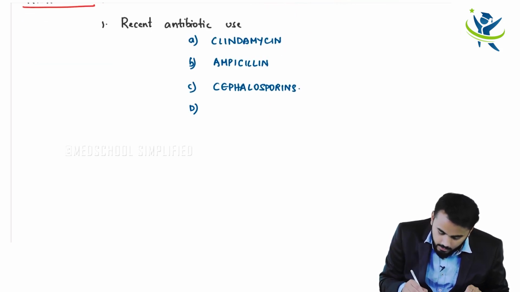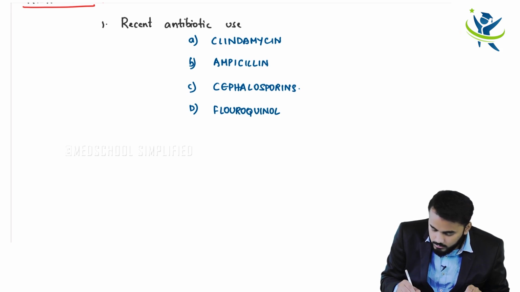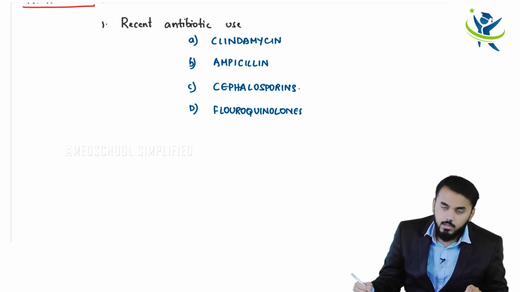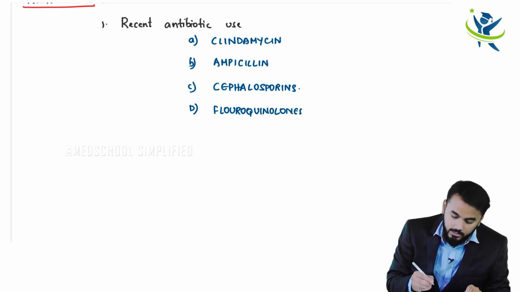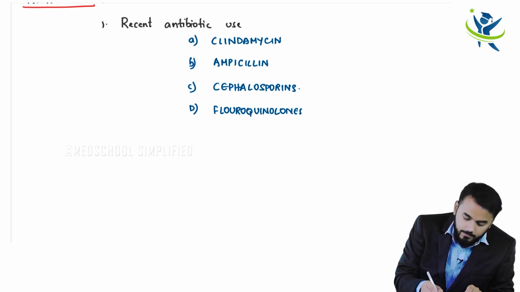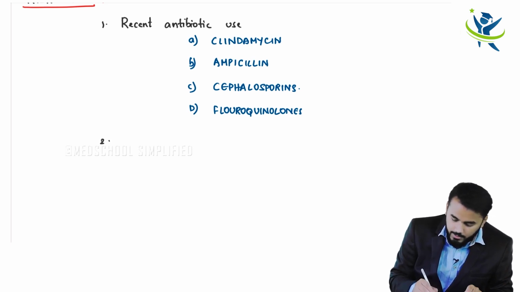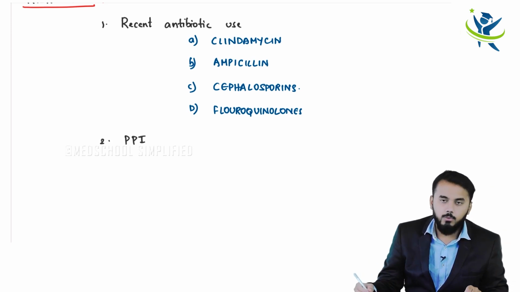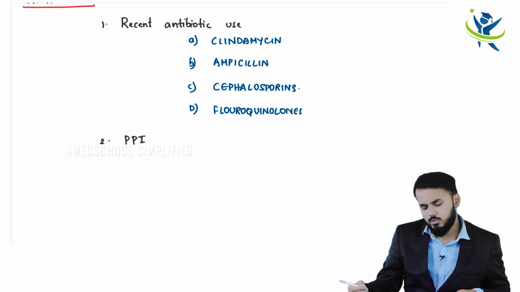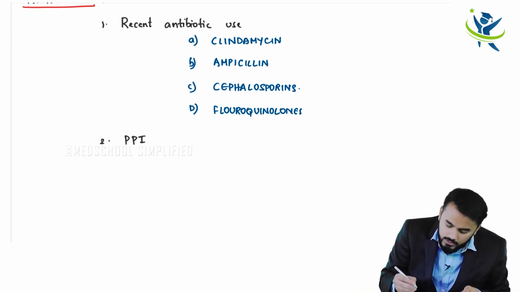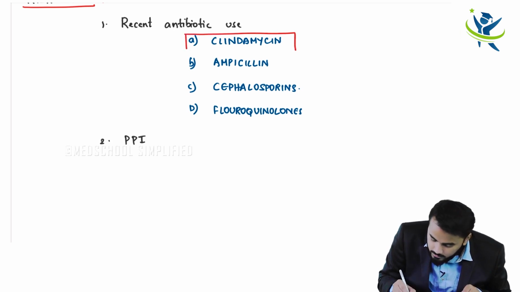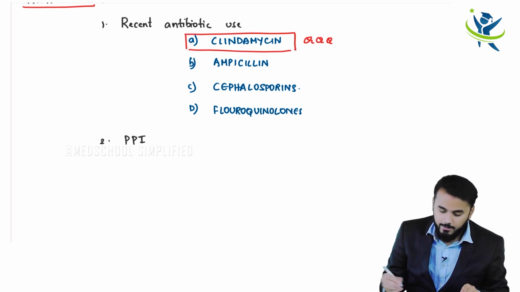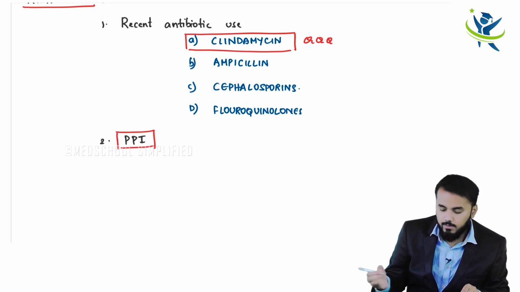And finally, fluoroquinolones. I have also told you one more important thing, that was PPI, which stands for proton pump inhibitors. So these are the basic risk factors. Out of this, this one is very, very important, and this one as well.